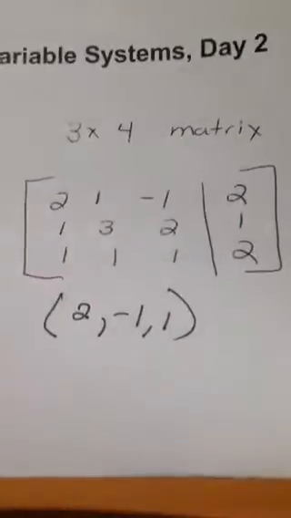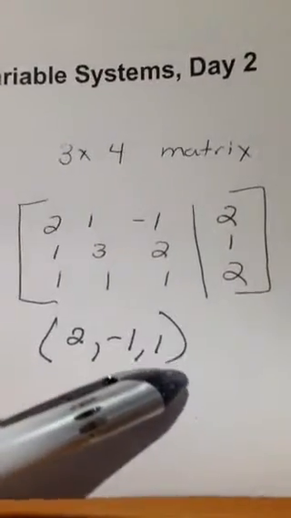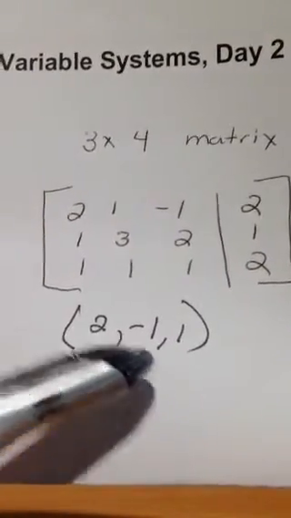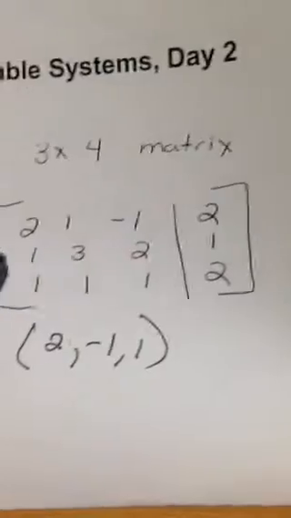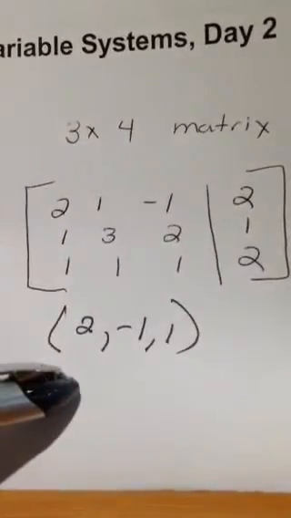Had to write it down on paper. So it's going to look like this: 2, then negative 1, and 1. And so I want the original matrix on your document, and then I want the solution set on your document.